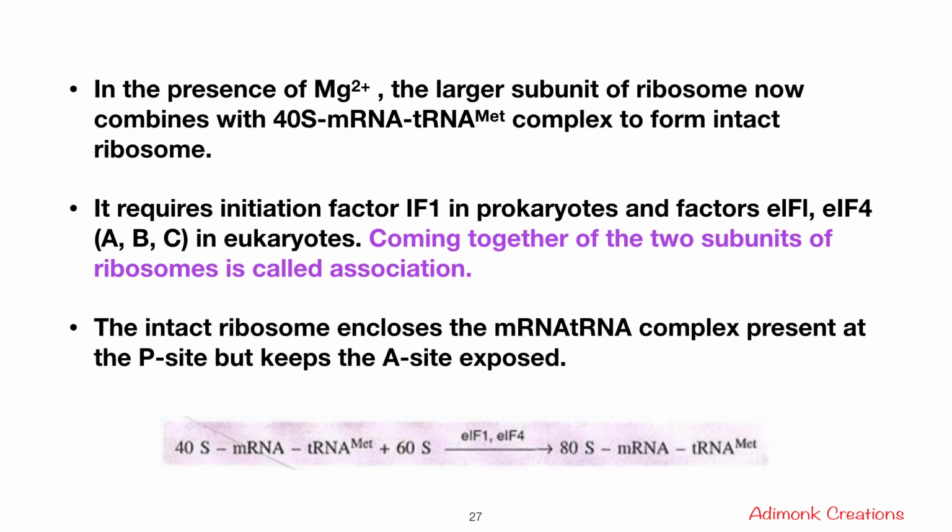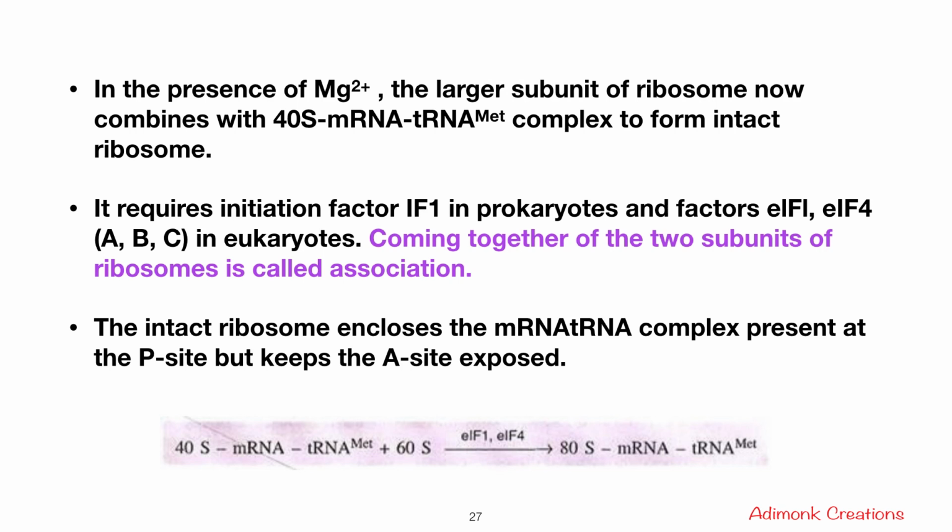In the presence of magnesium ions, the larger subunit of ribosome now combines with the 40S mRNA tRNA methionine complex to form an intact ribosome. It requires initiation factor 1, that is IF1 in prokaryotes, or the factors eIF1, eIF4 A, B and C in the eukaryote. The coming together of the two subunits of the ribosome is also known as association.